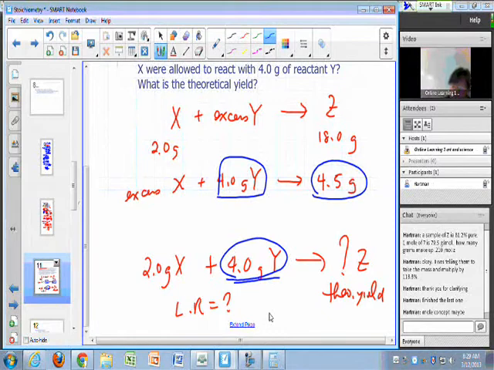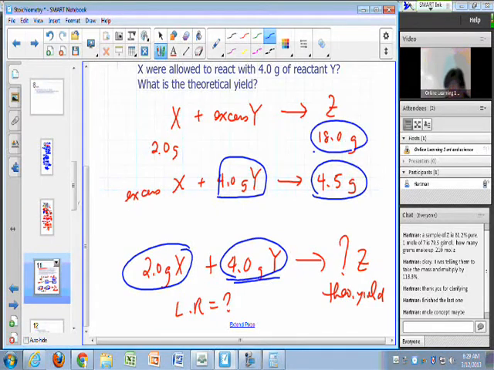But according to this, if I had 2 grams of X, I can make as much as 18 grams of Z. So that means I can make more than 4.5 if I were to be able to use up my X. But by the time I make 4.5 grams, I'm out of Y.